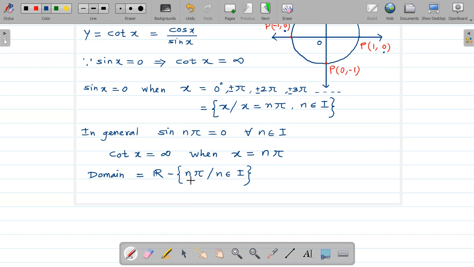So we remove n pi from the whole real line, and that is the domain of the cot function. The codomain, or range, will be the whole of R. The domain is R minus n pi, where n belongs to I, and the value of the cot function can be any real number.